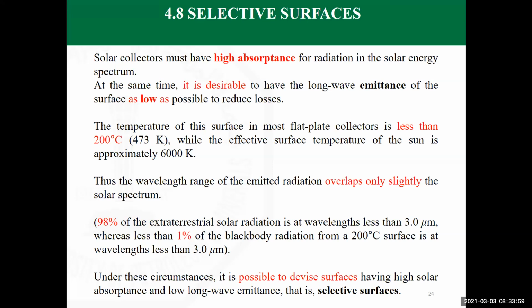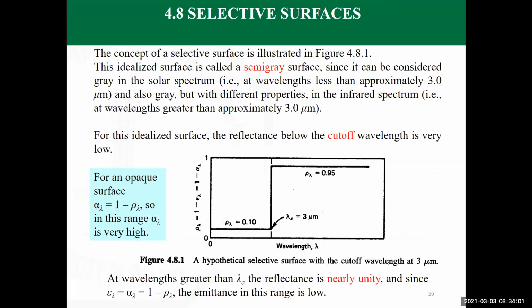So these surfaces can have characteristics that can be seen in a figure like this. For the solar radiation, the distinction between the long wavelength and the short wavelength is about a wavelength of about 3 micrometer. So below 3 micrometer is the range of what we call short wavelength radiation, which is basically associated with solar radiation.